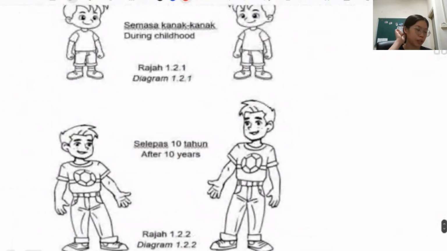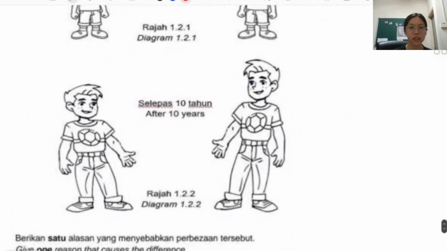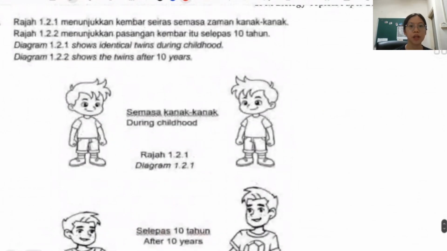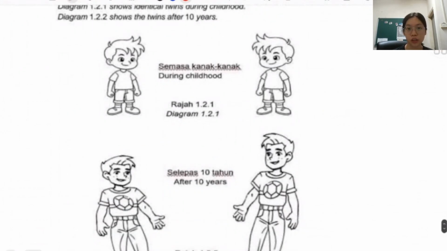There are more of them now, so you can actually refer to it. And this one is talking about the reason that causes the difference between them. So both of them, right? You can see one is taller, one is shorter. So basically talking about continuous variation.